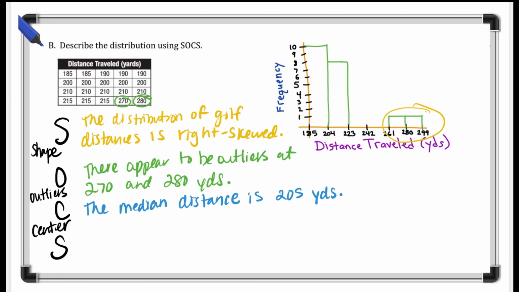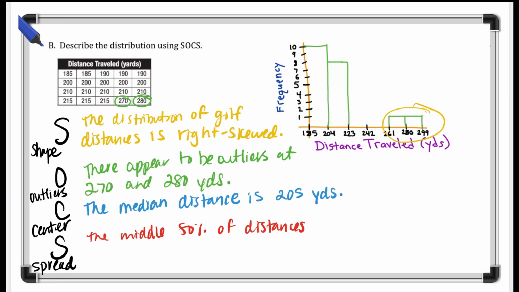The last S that we're talking about is the spread. When we're looking at the spread, we're either going to be talking about the IQR or the standard deviation. Because this is skewed, we'll talk about the IQR. When it is symmetric, we're going to talk about the standard deviation. So here, we're going to talk about the middle 50% of distances.